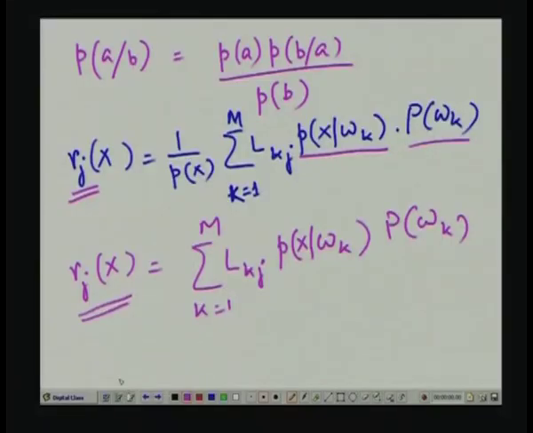So this L_kj, or I can write it as L_ij, is actually written as 1 minus delta_ij. That means I am taking a decision that the object belongs to class j, whereas the object actually belongs to class omega i.